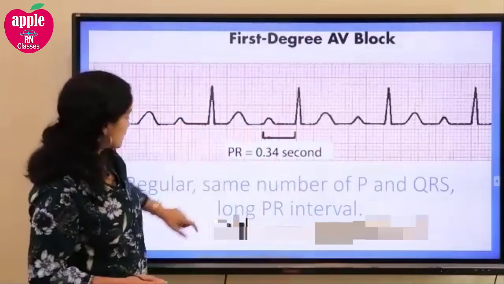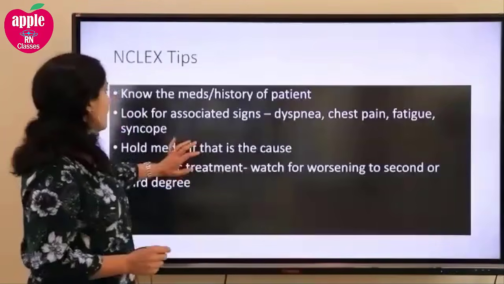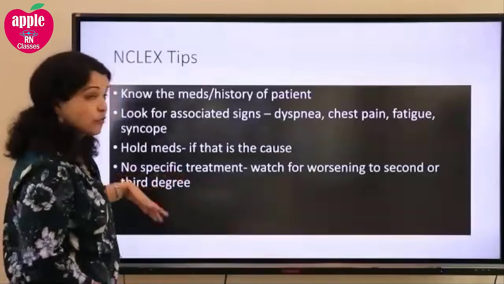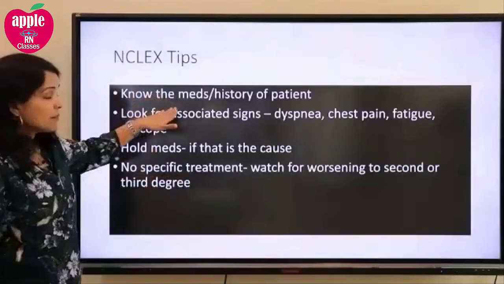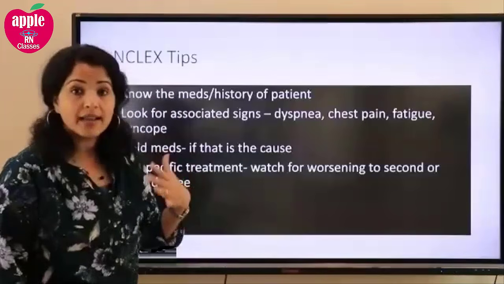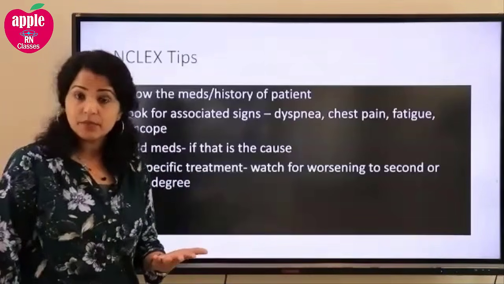All right, guys. So now we are going to go into some tips which I thought will be helpful, which I already talked about. Sometimes the patient will have symptoms, and that's something we need to ask them or assess them.